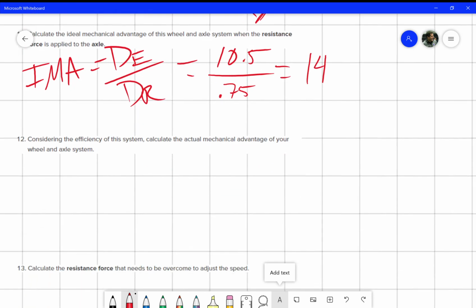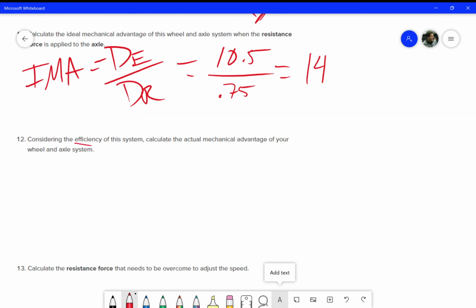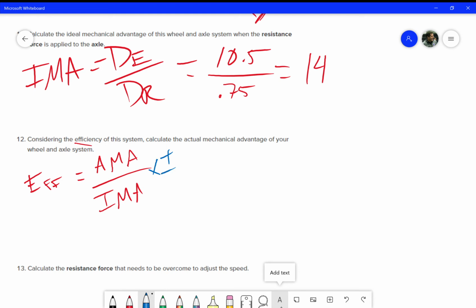All right, now, talks about efficiency. Considering the efficiency of the system, what is the AMA? Well, efficiency is going to be AMA divided by IMA. So if we do our algebra, multiply both sides by the IMA, we have that AMA is going to be equal to the IMA times the efficiency.